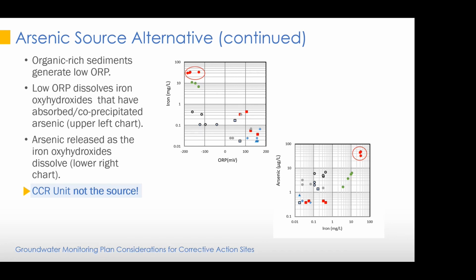The lower pond was built a long time ago. We think what's happening is that the organic materials were used to form the berms of that lower pond. And that's what generates that low ORP, that generates the dissolution of the iron oxyhydroxides, that releases the arsenic. It has nothing to do with the unit currently being evaluated.